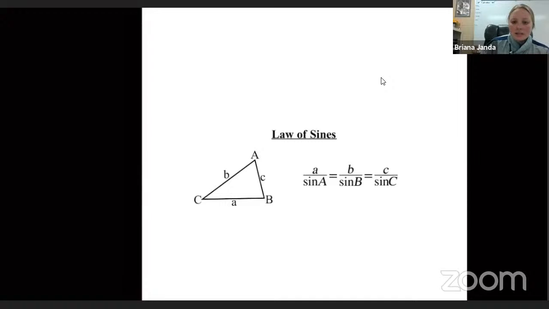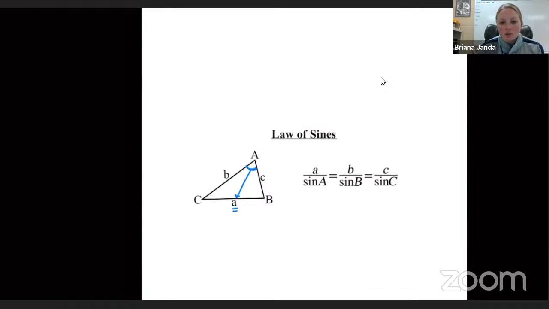The law of sines says this. First of all, understand the notation here. This angle A is always going to be noted with a capital letter. The side across from an angle will be noted using the lowercase version of that angle.